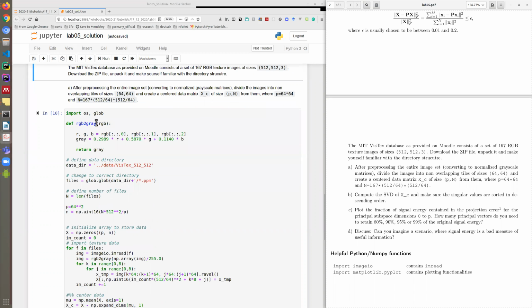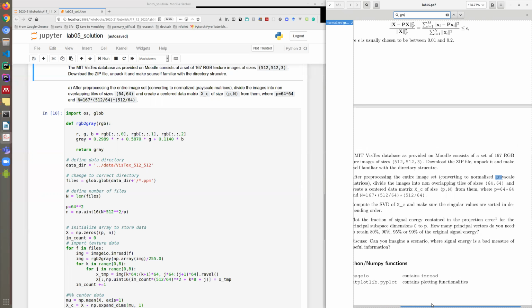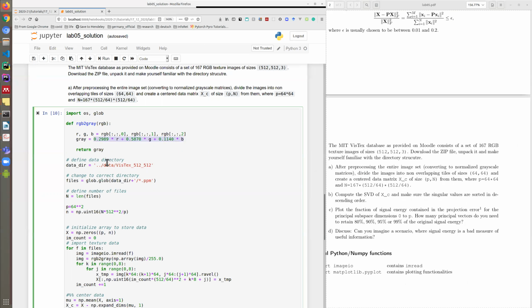So this is exactly what we are doing here. The first step here, I guess we have mentioned that. It should be mentioned in the PDF. Yeah, so the first step is to convert them to normalized gray images, gray matrices, so to say. And the simple formula that we have used here, this formula preserves the luminance, I guess.